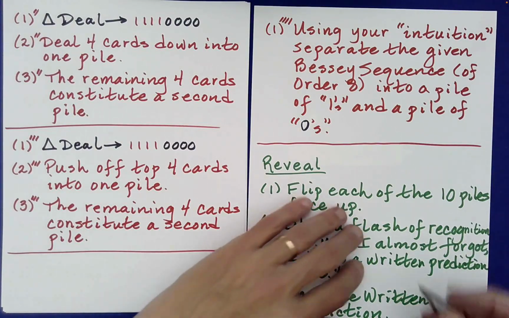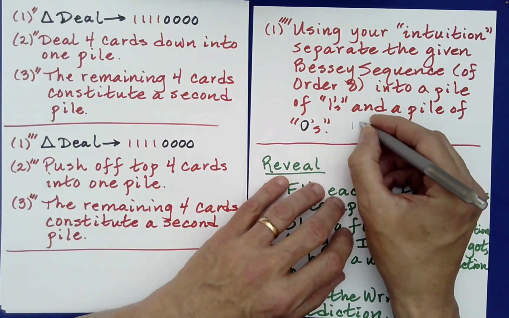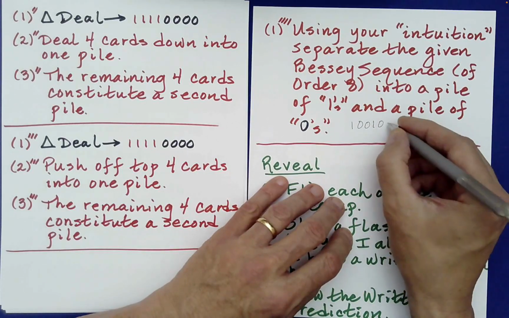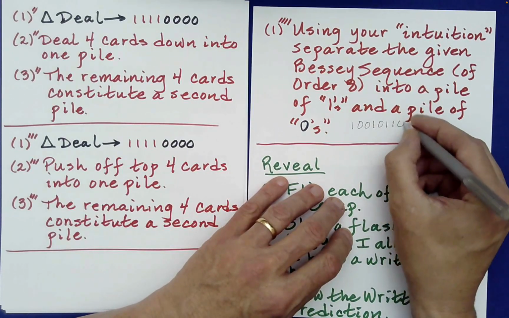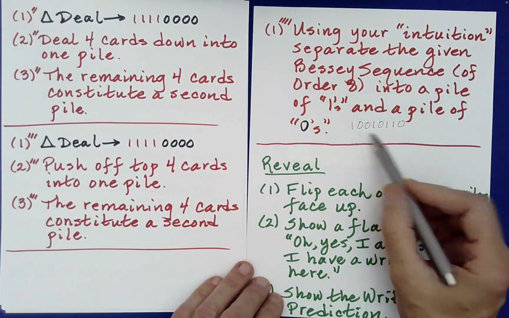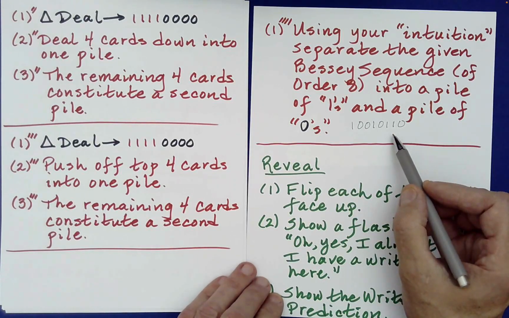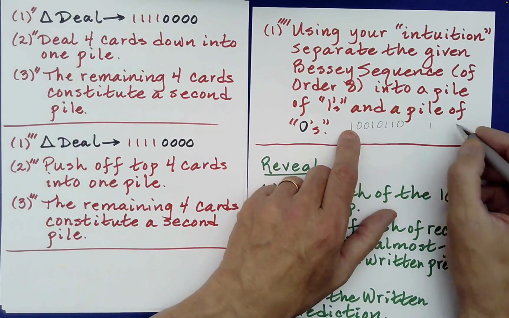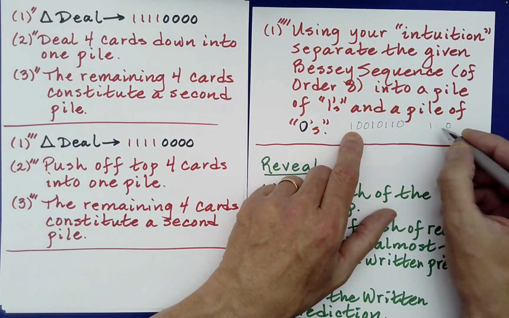Well, really all you're doing is, right now the packet structure, so we don't do the triangle deal for this one. Okay, so you're looking at a Bessey sequence of order 8. So if you remember, what I did was I did this like left, right.